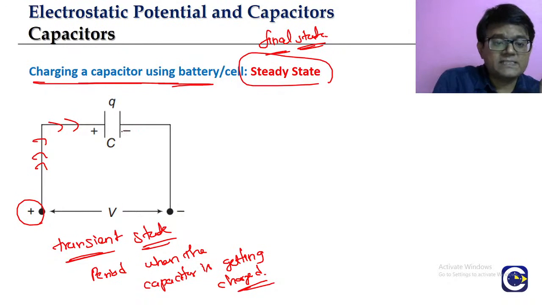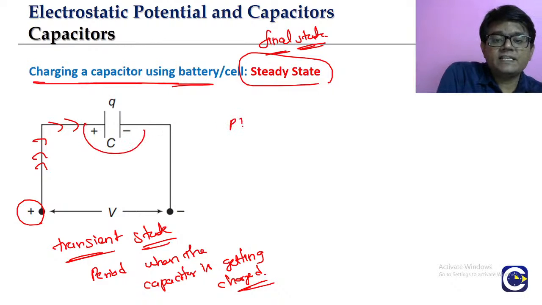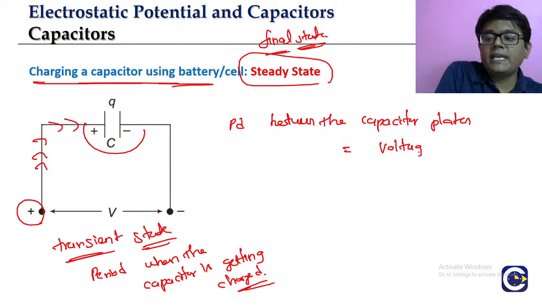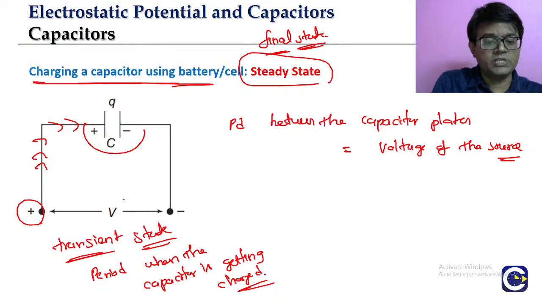When that happens, the potential difference between the capacitor plates will be equal to the voltage of the source. Whatever battery or cell we are using, once it is fully charged, no more charge is able to go.